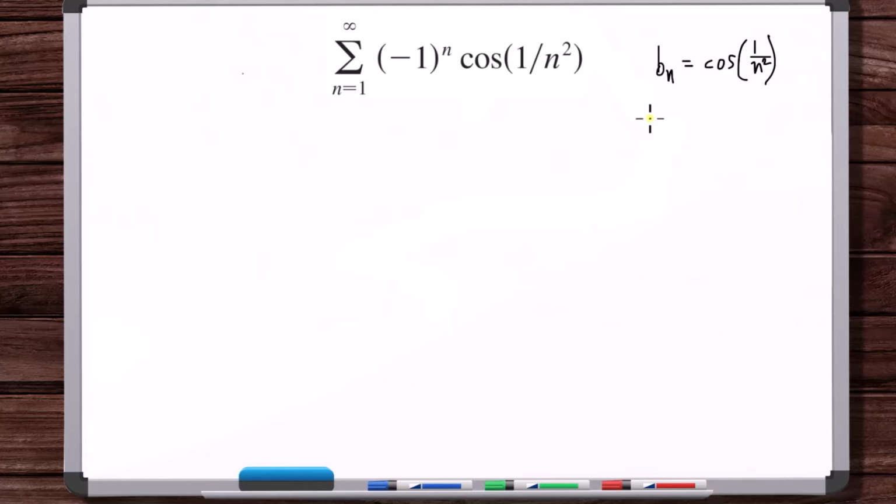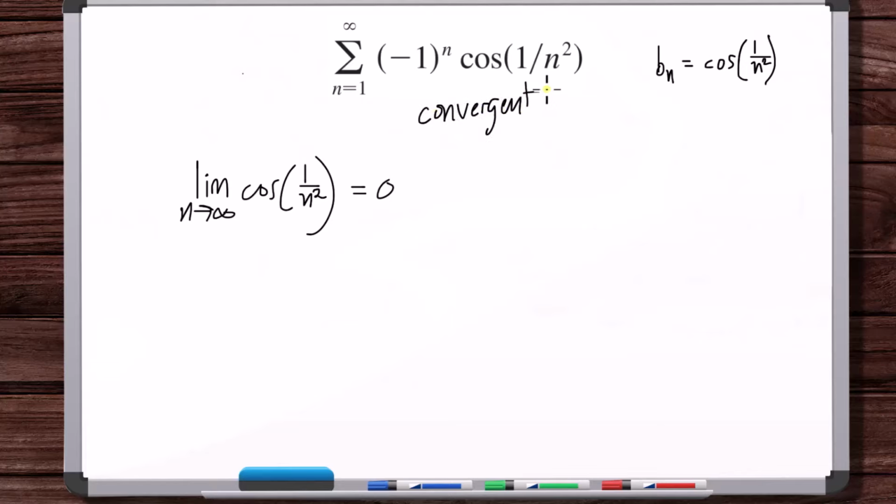So now we just take the limit as n approaches infinity of b sub n. Well, that's equal to 0, and that means by the alternating series test, this series is convergent. Oh, wait, no, I'm sorry. This limit was equal to 1, which is not equal to 0. Therefore, this series is divergent.